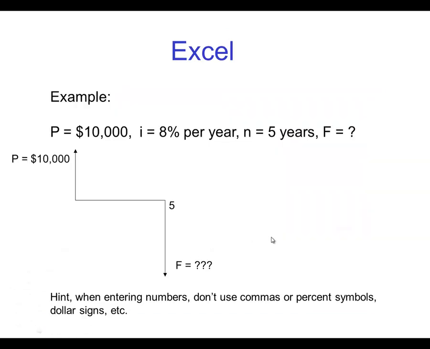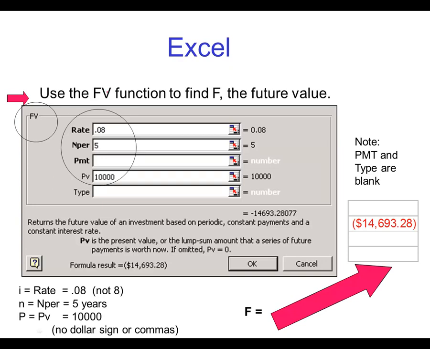So for example, if we have P equal to 10,000, I equal to 8% per year, and N equal to 5 years, find the future value. You can use the numbers like we did before, and just enter the numbers and do the calculation, or you can do it with the built-in financial functions that Excel has, such as the future value FV or present value.